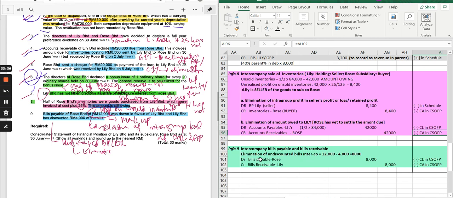Rose's bills payable is the current liability. Lily's bills receivable is the one appearing in the current asset. But do not eliminate everything, just eliminate the undiscounted bills relating to the group member. So that will not affect the consolidated group reserve. It just affects the consolidated statement of financial position.